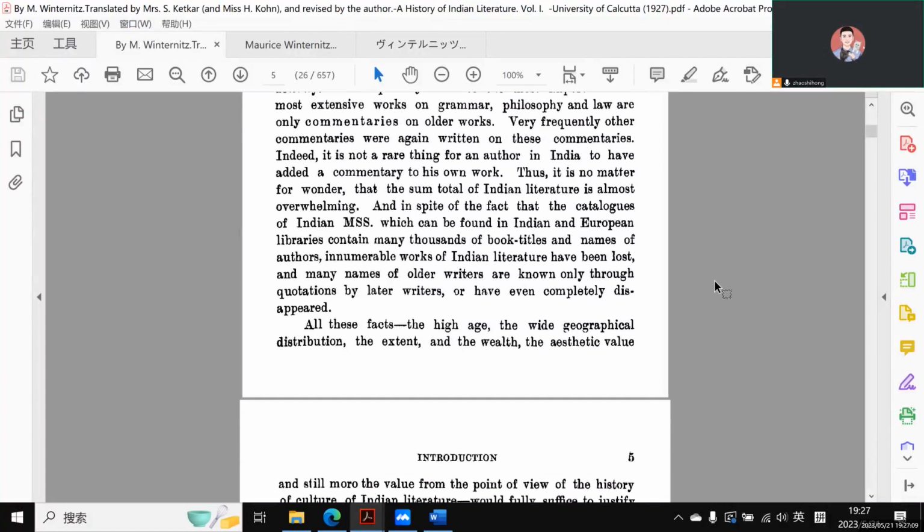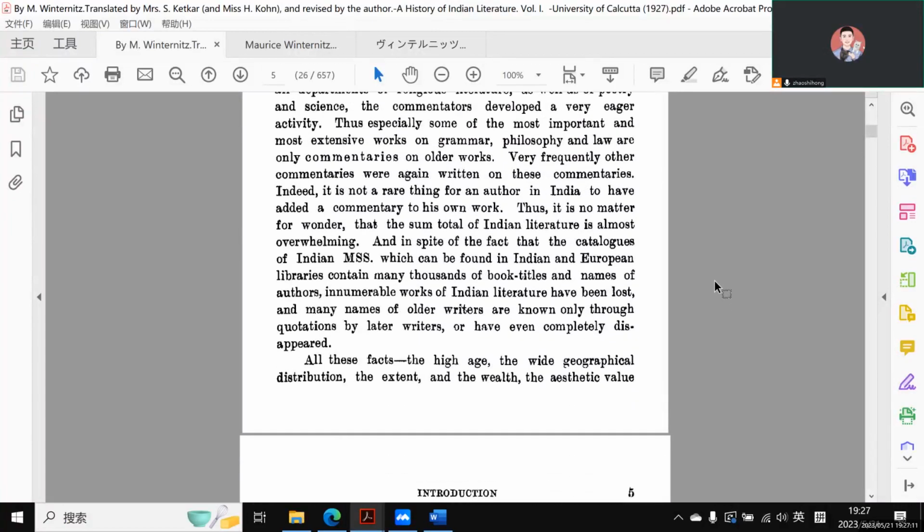And another thing we should notice when we read Sanskrit texts is that India has a very long and developed tradition of commentaries.